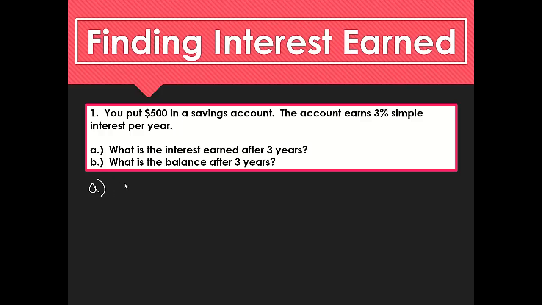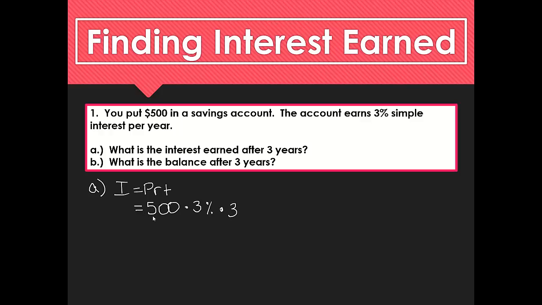We're going to use our formula I equals PRT. I is the interest, and that's what we don't know. The P, the principal, would be $500. The R is our rate, and our rate is 3%. And T is the time, and the time is 3 years.